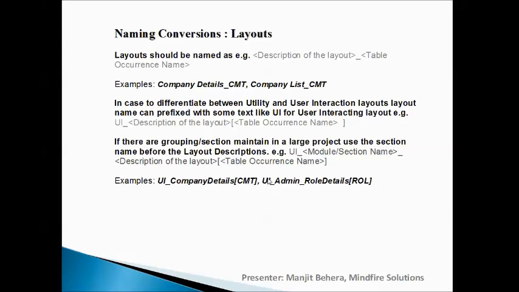That means UI stands for the user interaction screen, and admin shows that this screen comes under the admin module. Then underscore role details shows that it contains the role details.